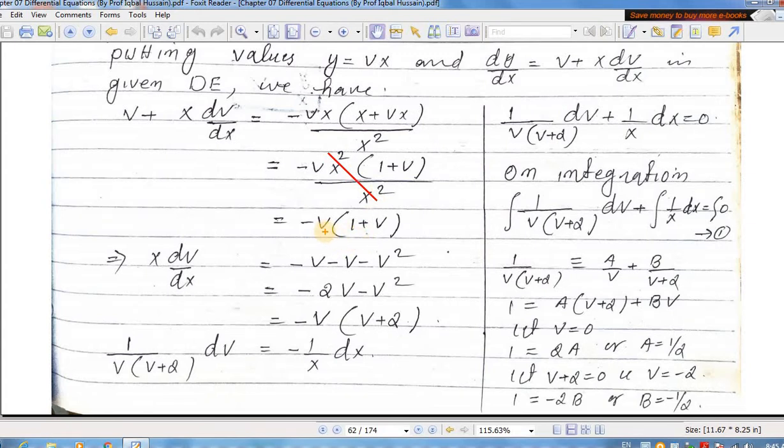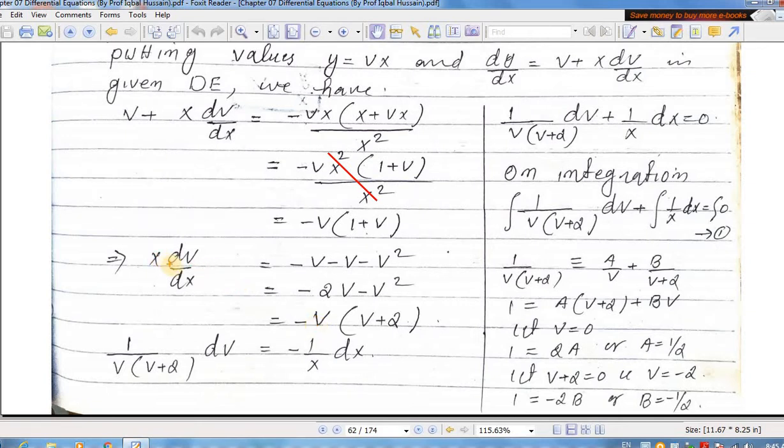Now taking minus v inside, you will get minus v into minus v square. This minus v into v is equal to minus v square, and this v on transposing to the right side will become negative. Here we get minus 2v minus v square. Now taking minus v common.